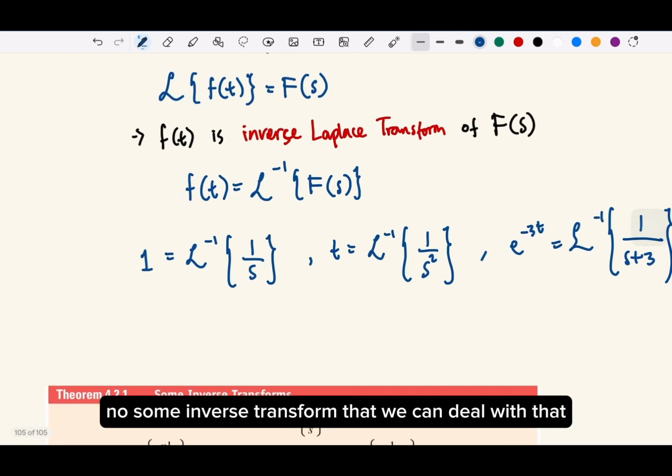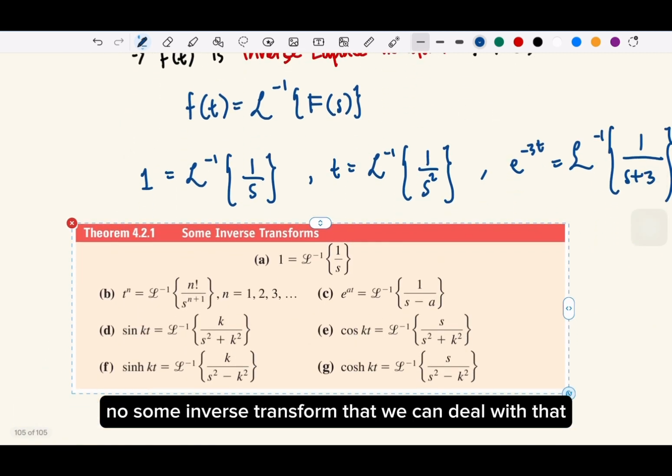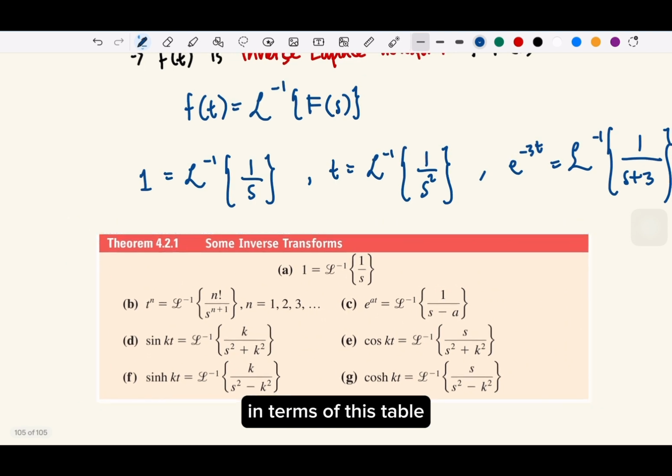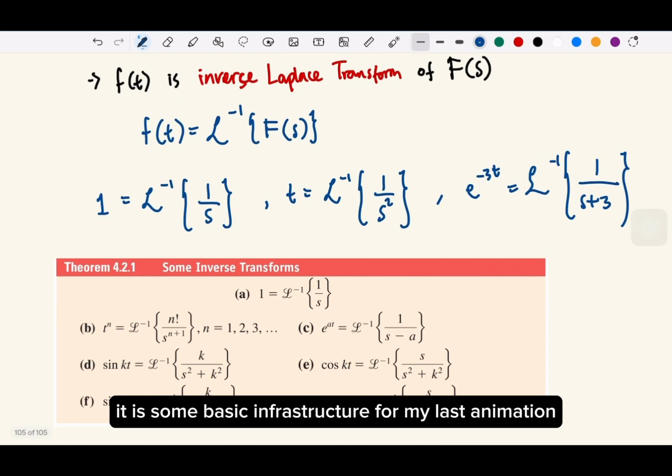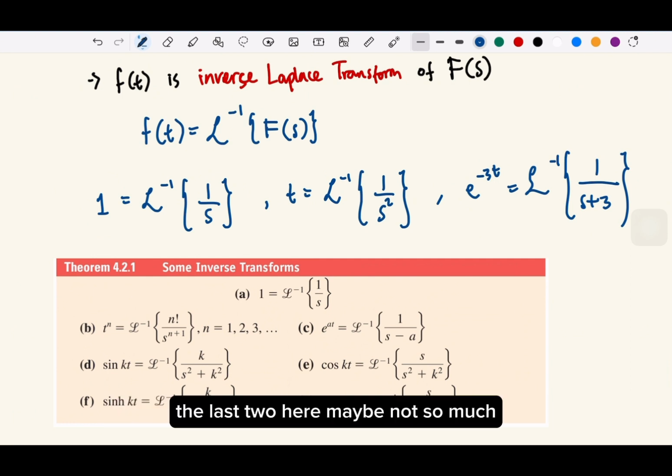Now there are some inverse transforms that we can deal with in terms of this table. There are some basic inverse transforms, and as I mentioned, the last two here maybe we are not going to discuss a lot. Maybe only the first 5: a constant, t to the power of n, exponent, and sine and cosine.